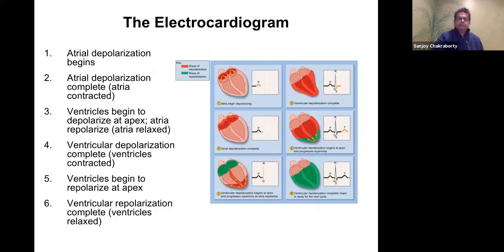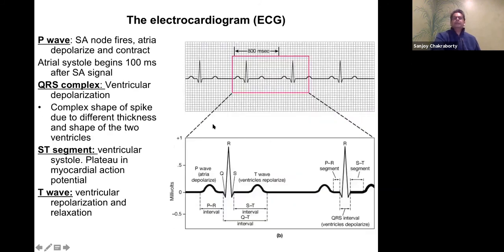Now, this is basically the same electrical signals explaining how the blood is moving. So the blood is moving with the electrical signal, and the electrical signal can be noted by the graph paper. We can discuss that right from here.